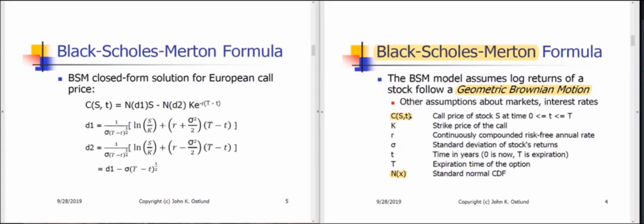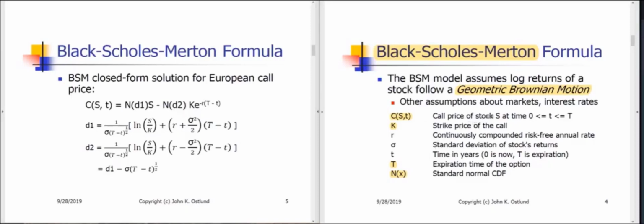C(S,T) is the output produced by the formula. N(x) is simply a formula that we apply. In terms of parameters that drive the formula and describe the option contract, K is the strike price of the call, T is the expiration time of the call. And these are simply parameters that are written into the contract.